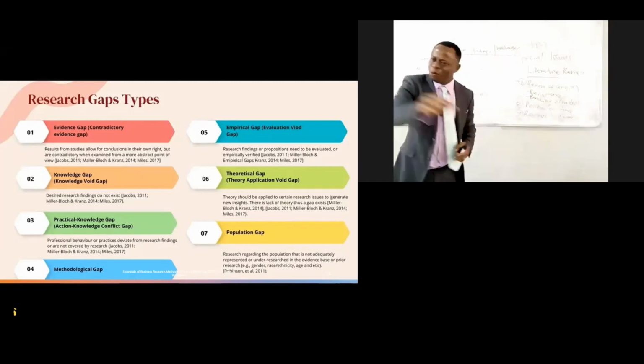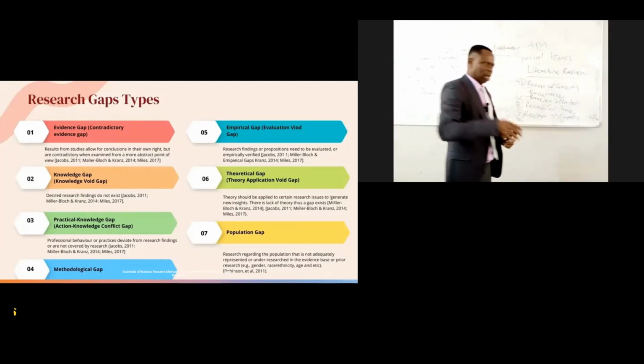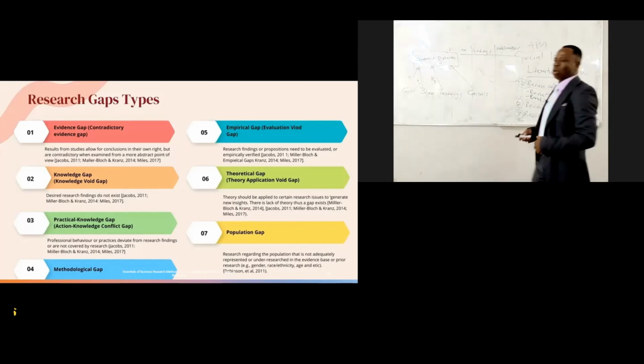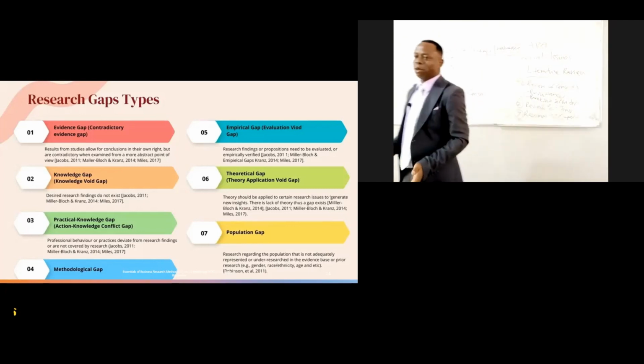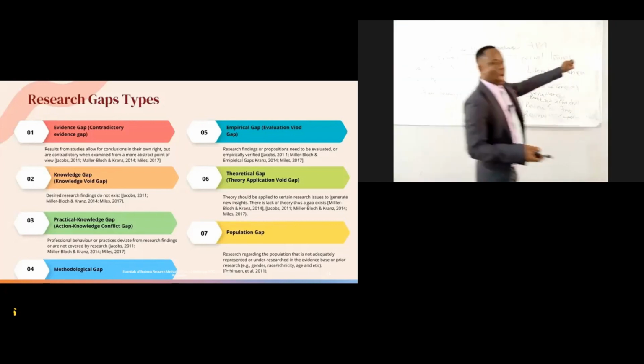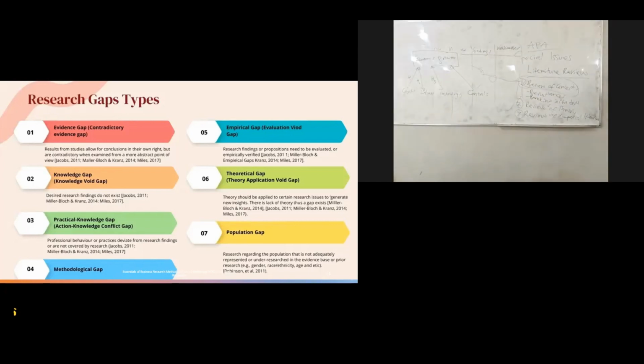You look at various nuances, okay? That would be population gap. So all these things point to at least seven areas that you can contribute. So if they ask you what's the contribution of your study, you should be bold to pinpoint: I am tackling a knowledge gap. You can have a research that covers almost all, or most, of this.